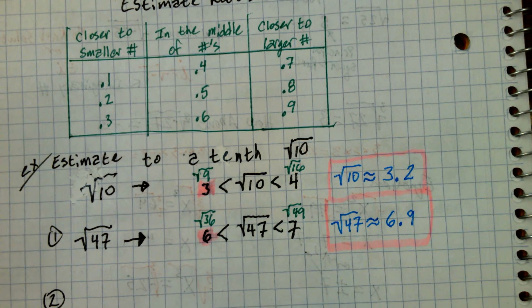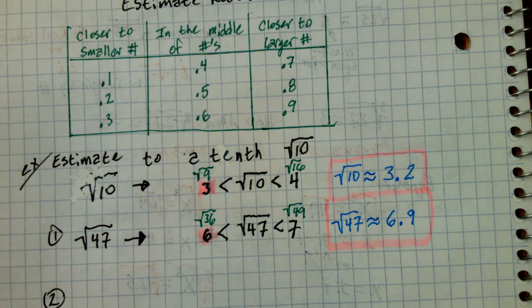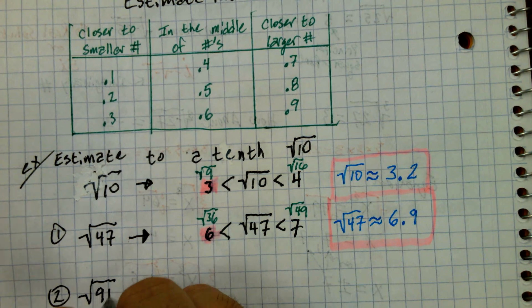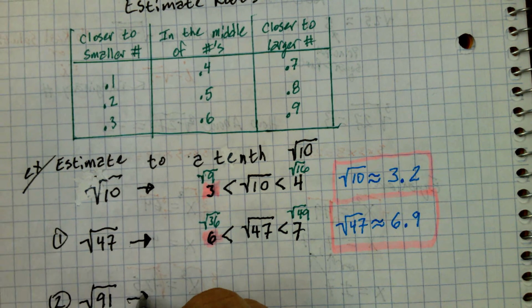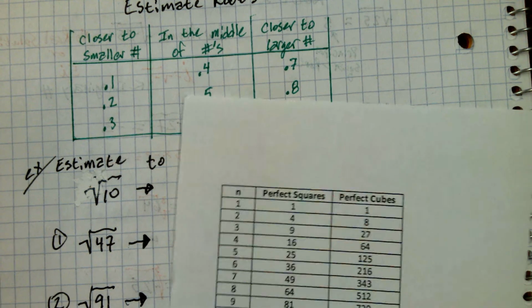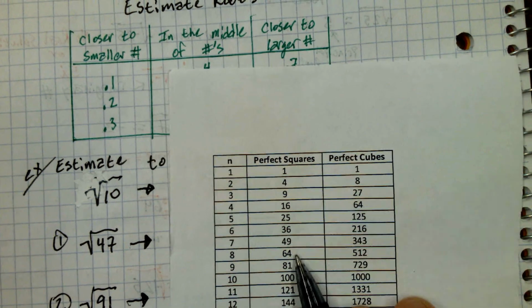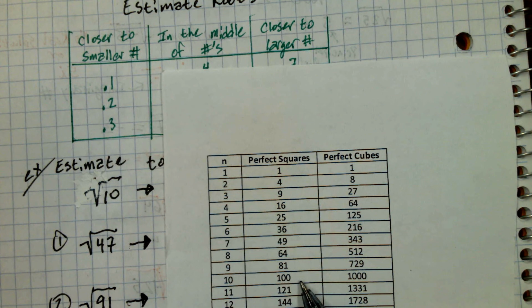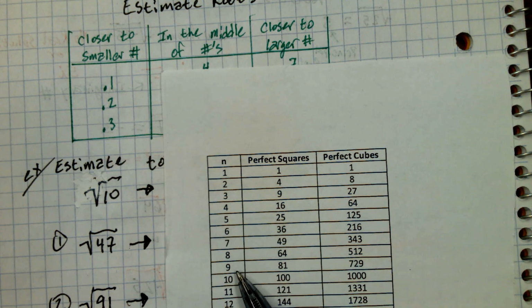All righty, let's do the square root of 91. Okay, so we want to pinch the square root between two perfect squares. We look here, 81 and 100. So the square roots we want are 9 and 10.